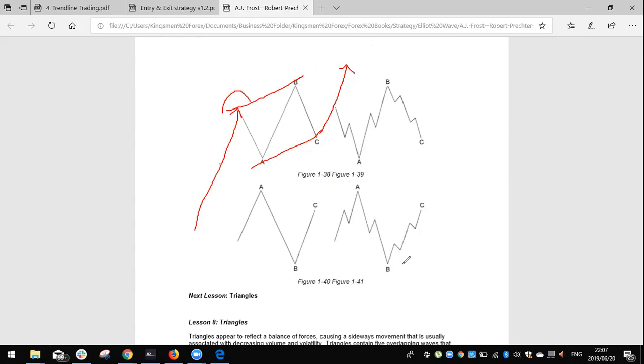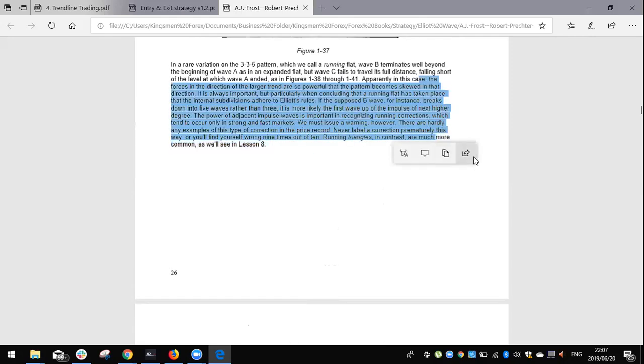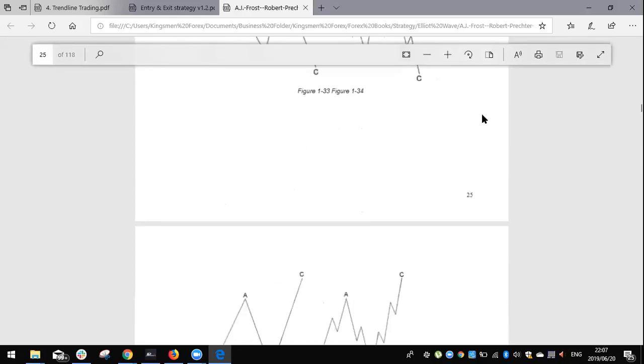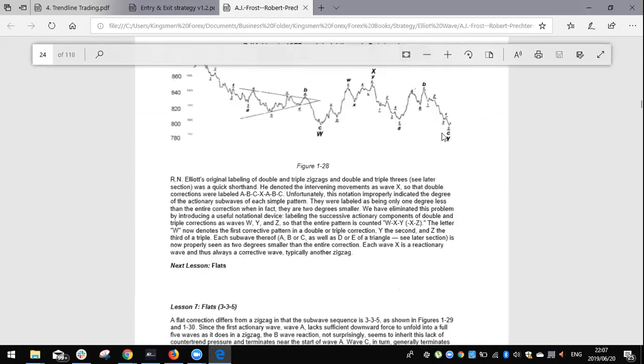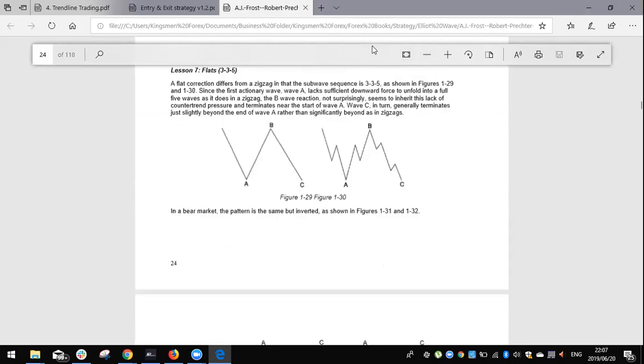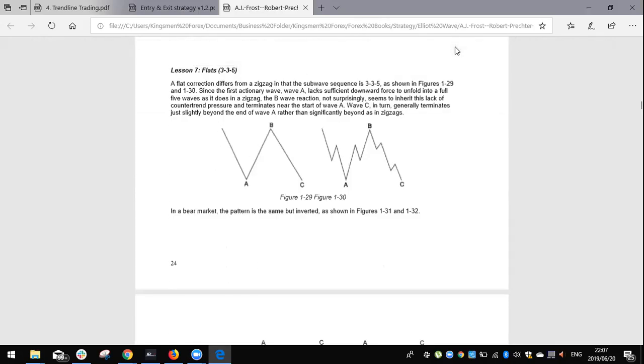So a flat correction is usually mistaken for this double top, because you can see double top or double bottom. You can see this one, the regular flat.